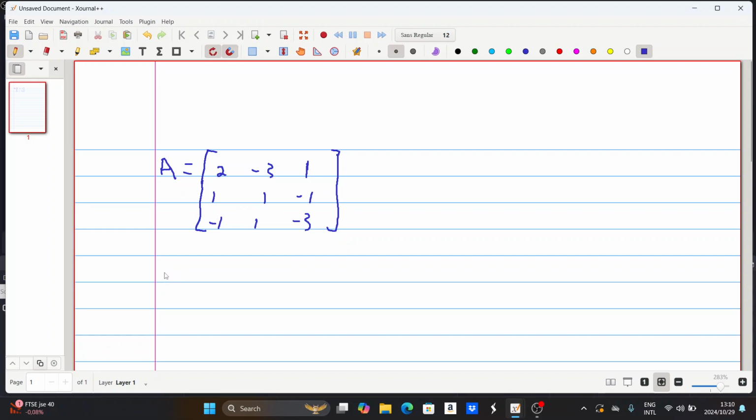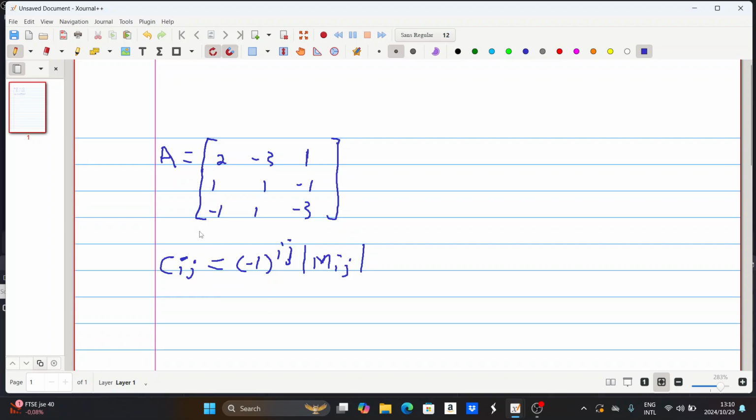So the cofactor formula is C_ij, for rows and columns, is equal to (-1)^(i+j) multiplied by the minor of i, j. This is the formula for finding the cofactor.